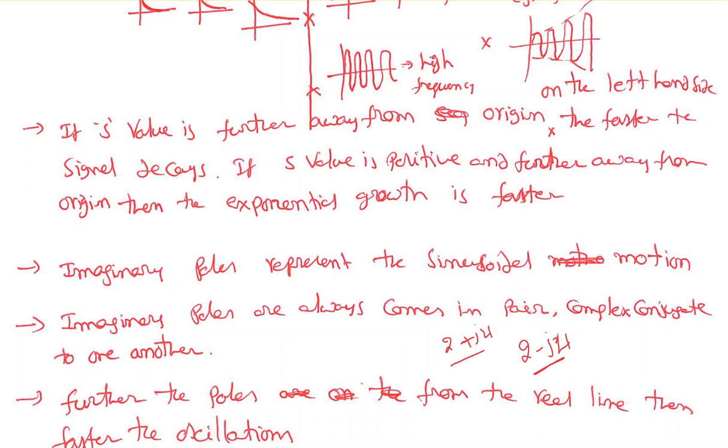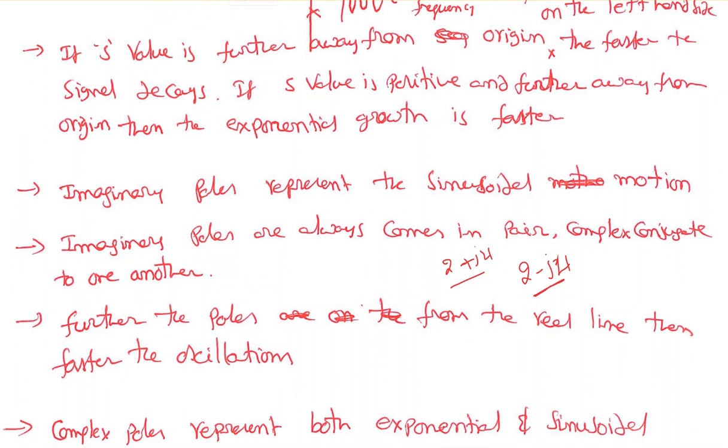The further the poles are from the real line, the faster the oscillations. This is the real axis here, that's the imaginary axis.